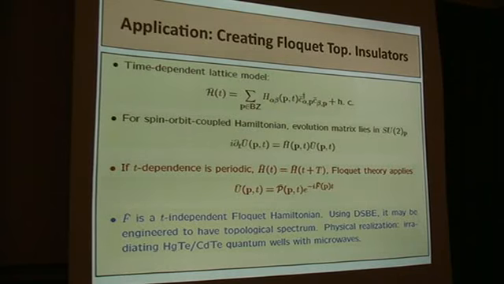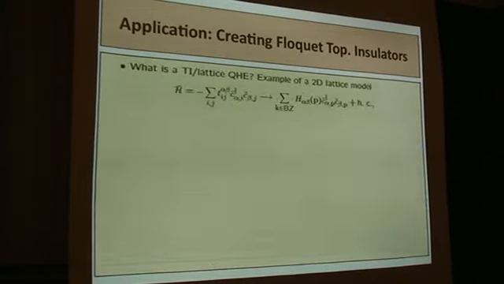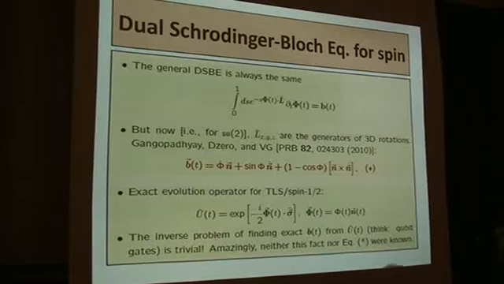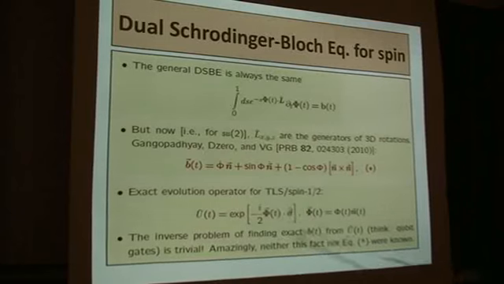The statement that I actually made is the following. Not for this particular problem, but in general, you have a time-dependent Hamiltonian. You can represent a unitary evolution operator in such a form, where phi does not depend on the representation.